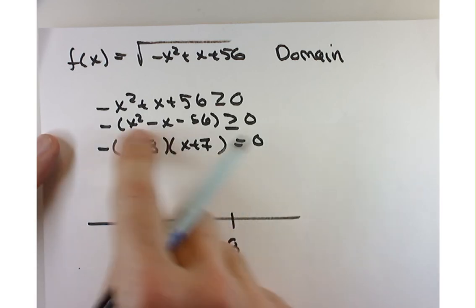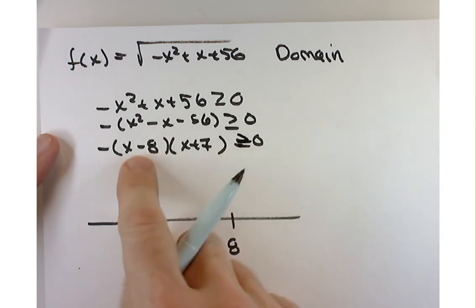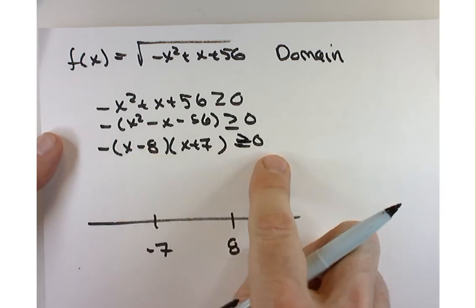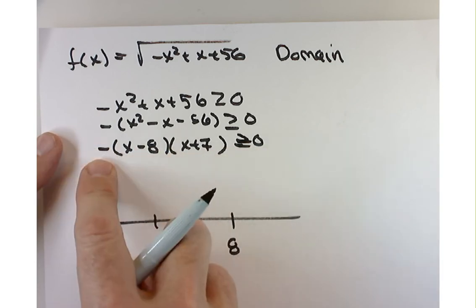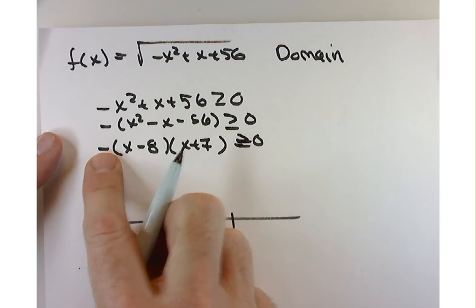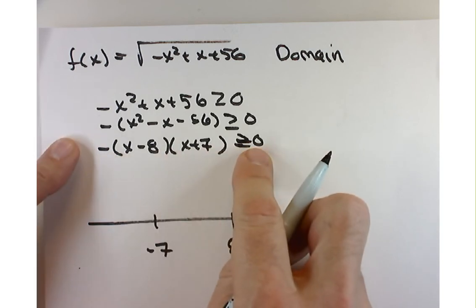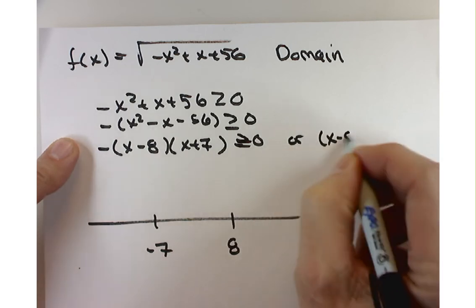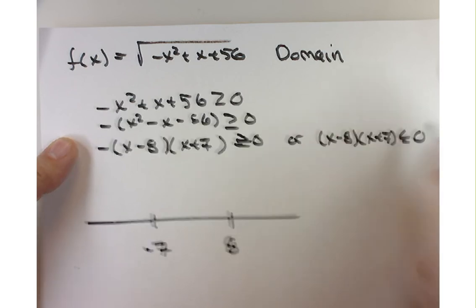Now, let's go back here. I'm going to work with this expression. This has got 0 on one side. I want to know where this is positive. If you're bothered by that negative sign, you can divide both sides by a negative. But when you divide by a negative, what happens to the direction of the inequality? It switches. So you could look at x minus 8 times x plus 7 is less than or equal to 0.